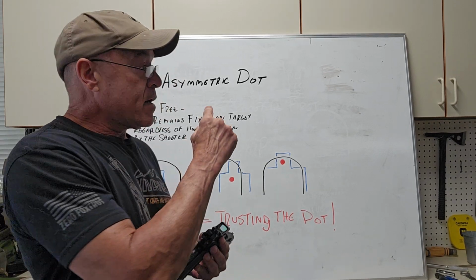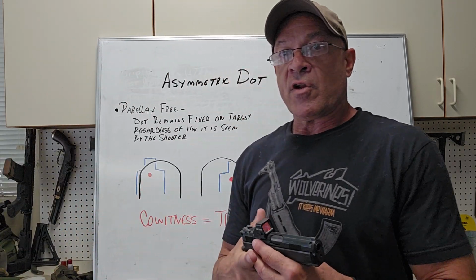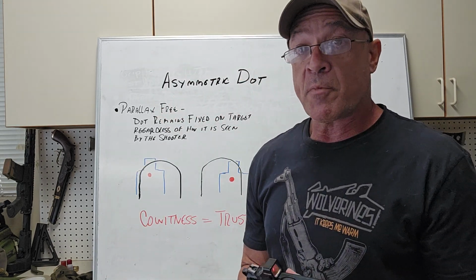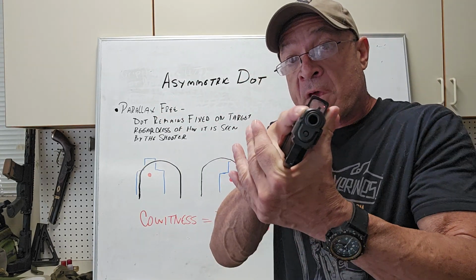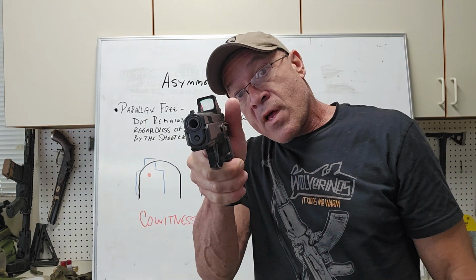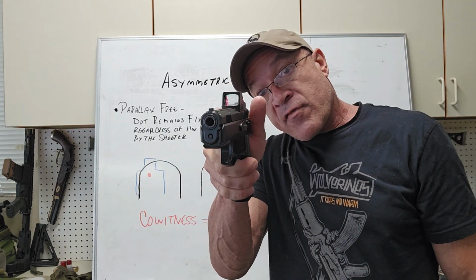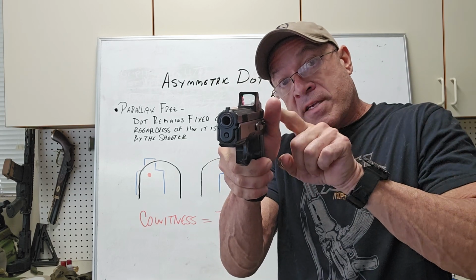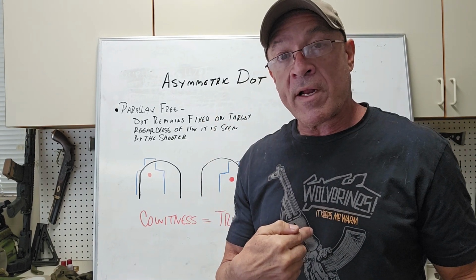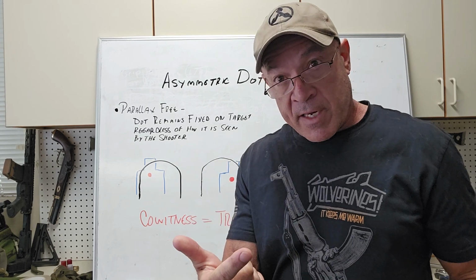Now here's another one with the asymmetric dot. There are circumstances where you may not want to pop out and go, ha-ha, Captain America here to save America, because you're behind cover or what have you. In those circumstances, you may be able to just get this pistol slightly off of cover, and as long as that dot is touching the target that you want to hit, you're going to be able to get a hit on that target.